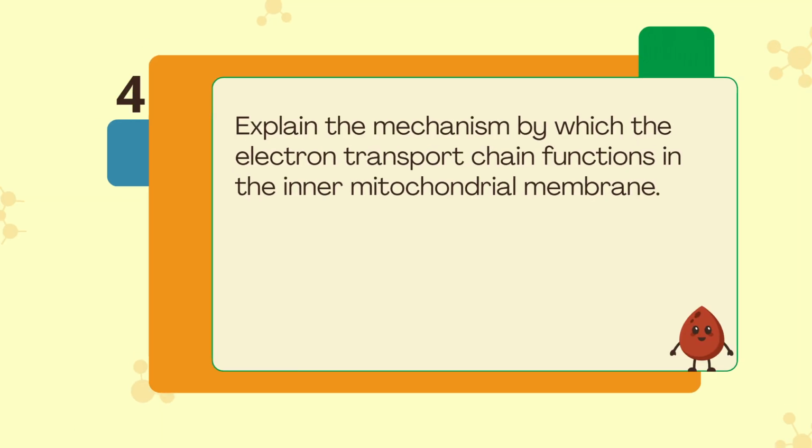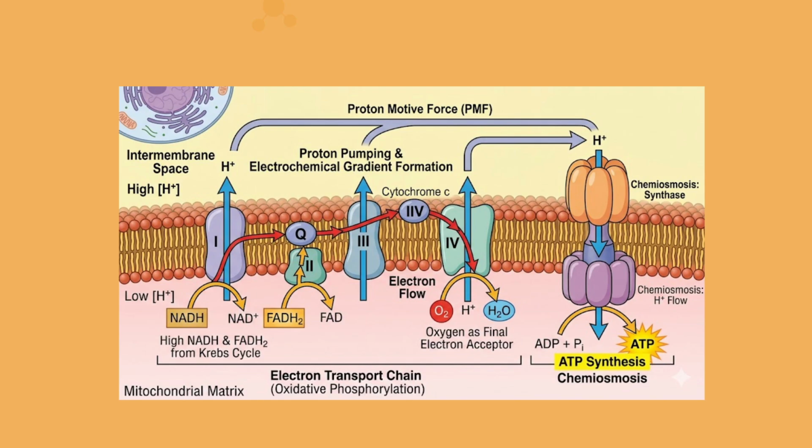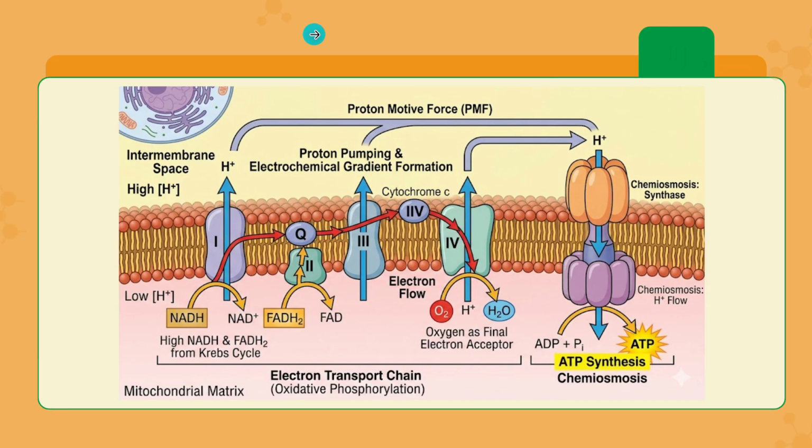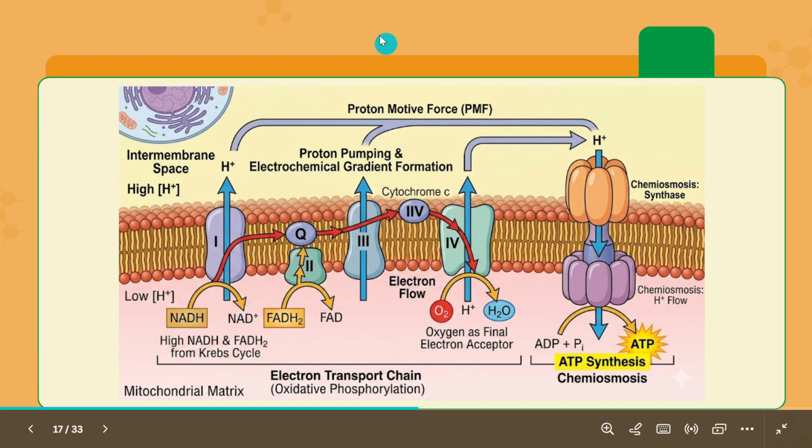Question number four. Explain the mechanism by which the electron transfer chain functions in the inner mitochondrial membrane. Alright, this is the mechanism. First, we have NADH here.